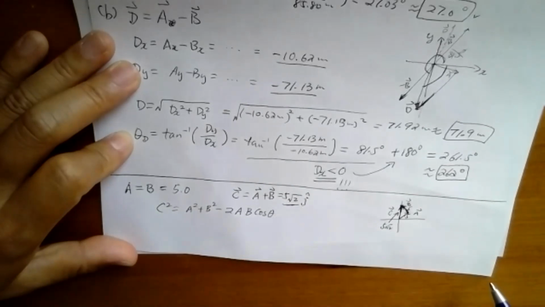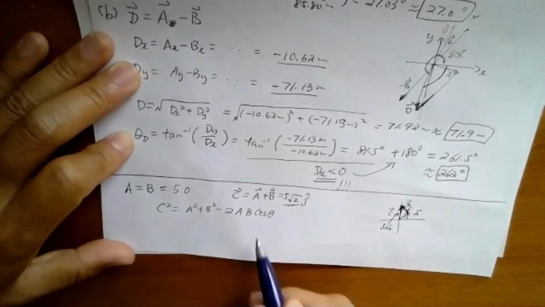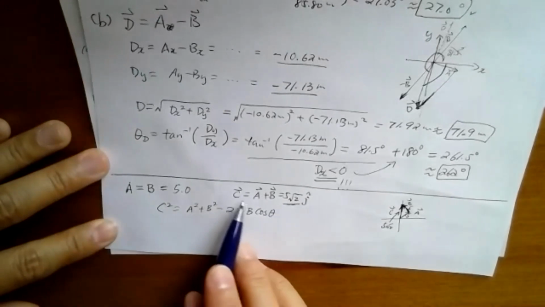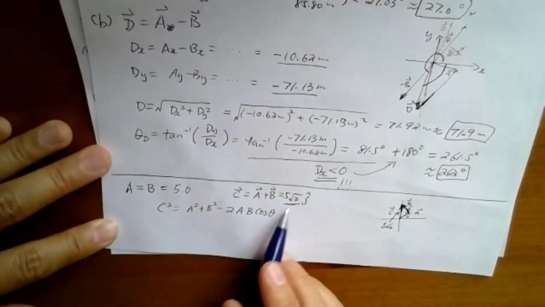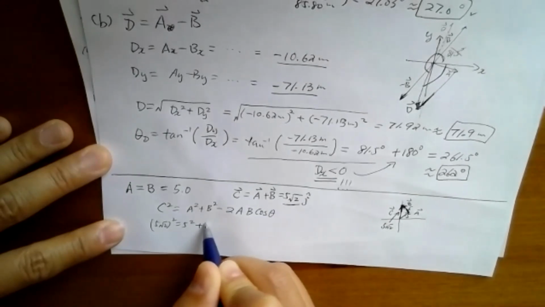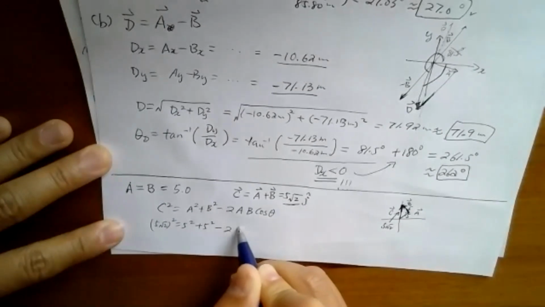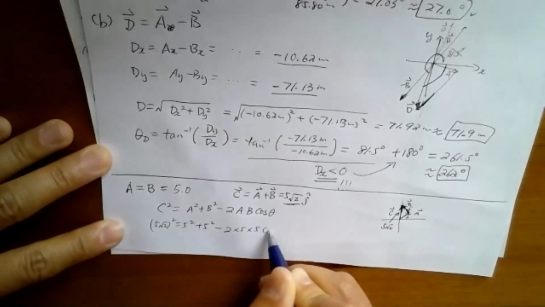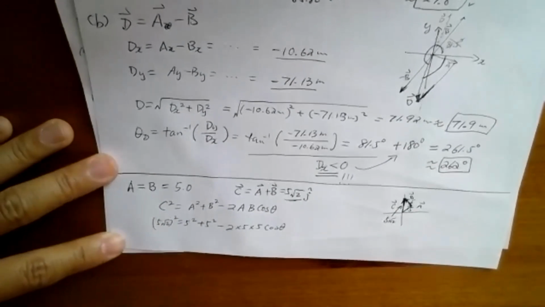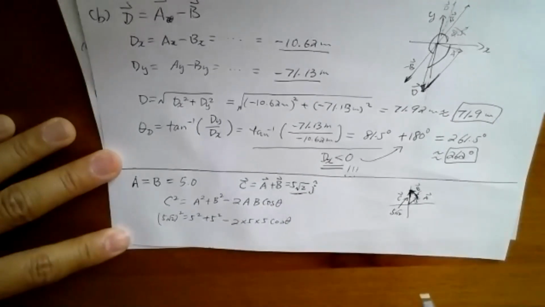I'm going to just call it theta. You can call it whatever you want. Plugging in the numbers, (5 times square root 2) squared equals 5 squared plus 5 squared minus 2 times 5 times 5 cosine theta.